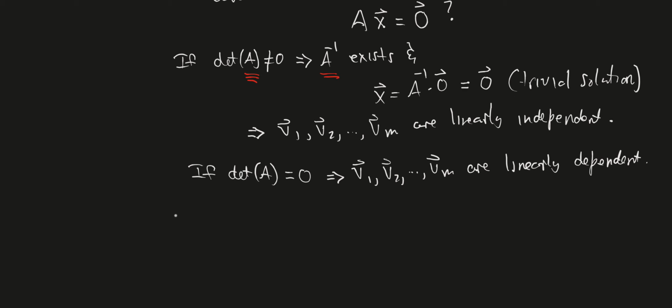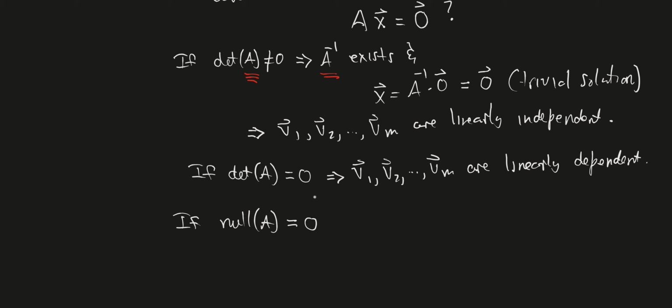Because remember, the nullity represents the number of columns that don't have a pivot. So if that column doesn't have a pivot, then it means you have at least one free variable, right? So we can say this. If the nullity of the matrix is equal to 0, that means you have no free variables.